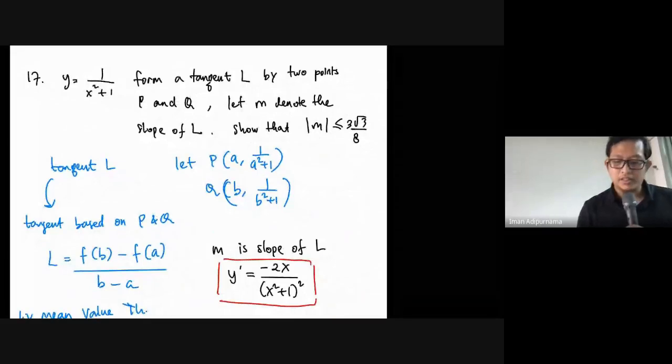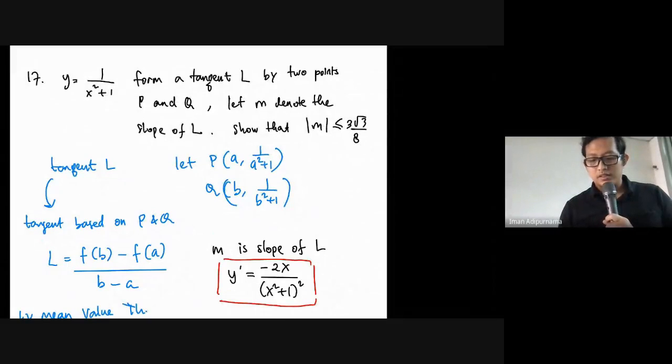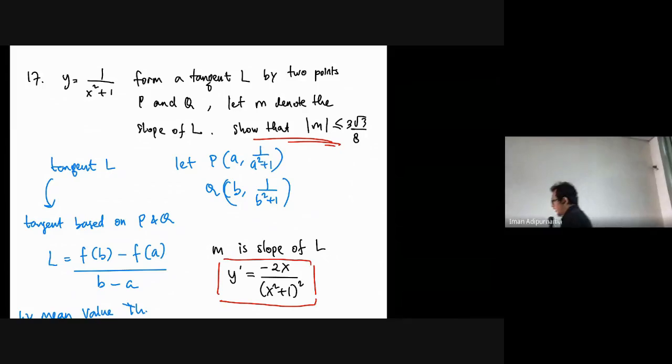So the idea is we need to show, okay, that the absolute value of m is less or equal to this value. Okay, so m is the slope of L, and L is our line from P and Q. First we can let picking any points.